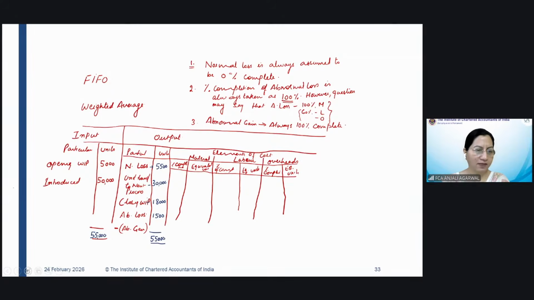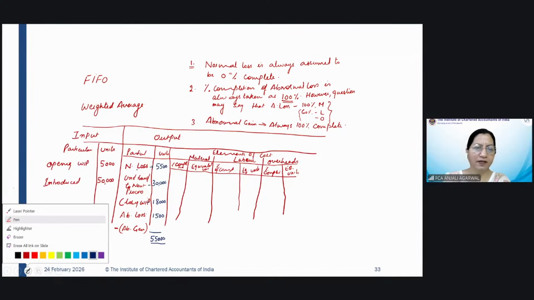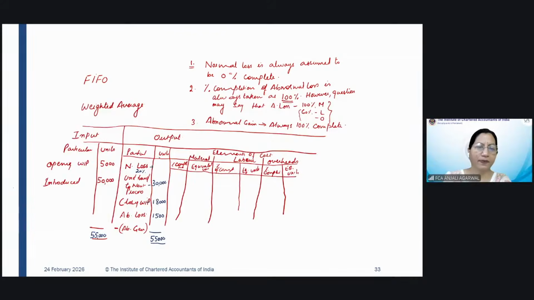Now, if instead of 10%, I had said the normal loss was 20% of total input, then normal loss would have been 20% of 55,000, which is 11,000. Now, out of 55,000 units, 11,000 goes to normal loss, 30,000 goes to the next process, 18,000 is closing WIP.